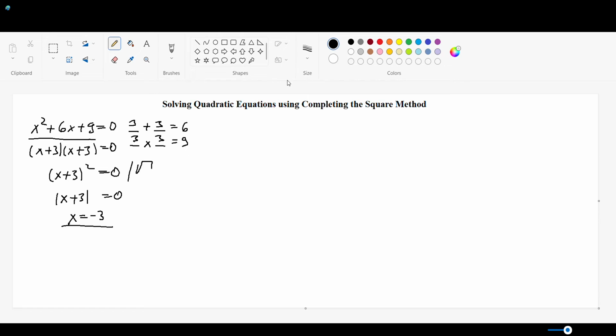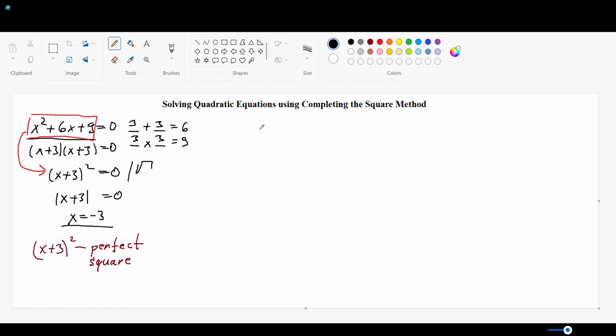But what is most important in this example is getting from this expression to this one. And by the way, the expression x plus 3 squared is called a perfect square. Till now we were solving mainly quadratic equations which could be solved by this method.